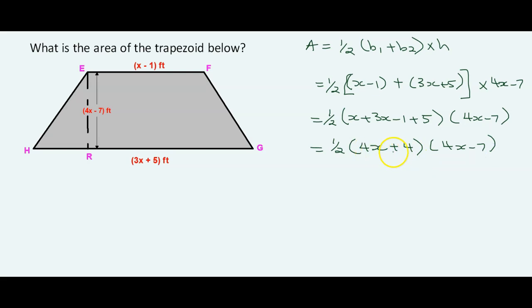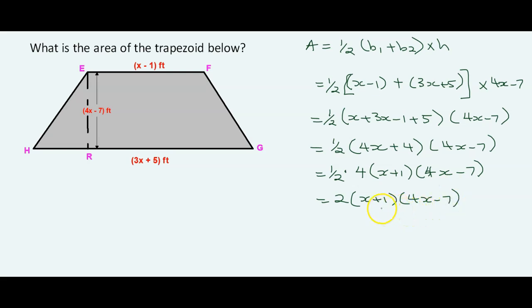What we can do here is factor this out. So this is going to be 1/2 multiplied by 4 multiplied by x plus 1, and then we have 4x minus 7, and this is going to give us 2 multiplied by x plus 1, and then 4x minus 7. So I'm going to distribute x plus 1 into 4x minus 7 and multiply that by 2.